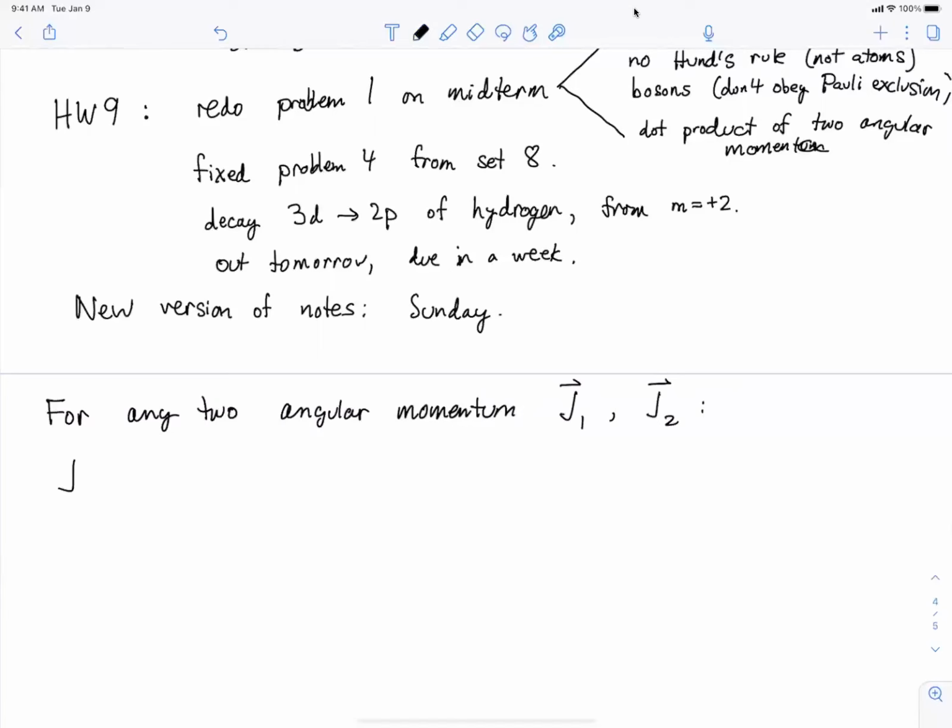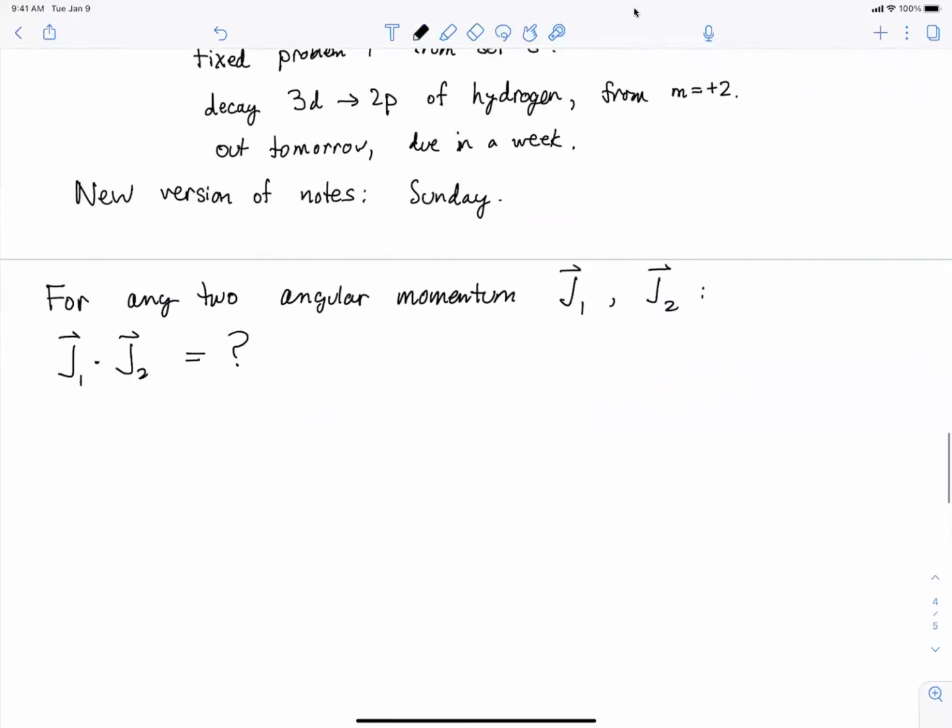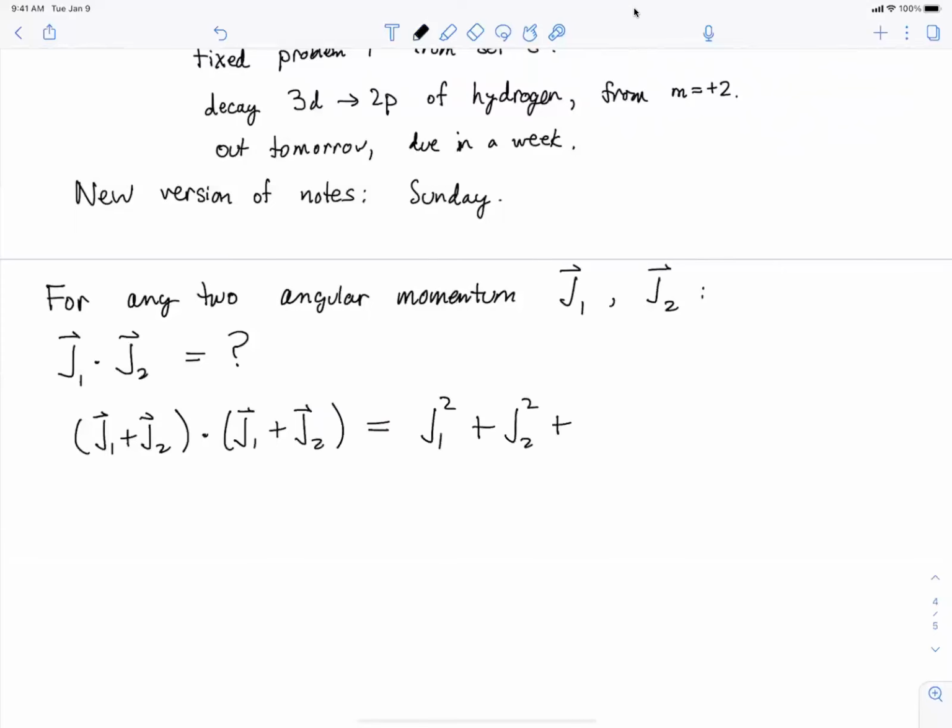If you encounter their dot product, what should you do? So this is the trick. J1 plus J2 dotted into J1 plus J2 is equal to J1 squared plus J2 squared plus 2 J1 dot J2.